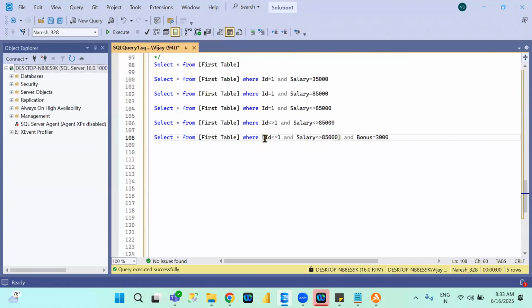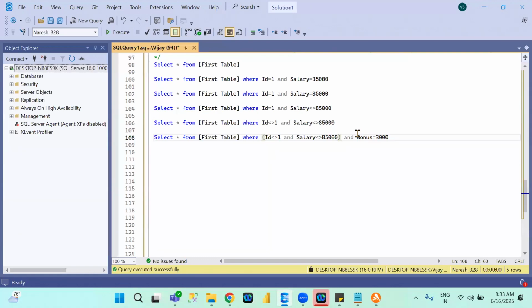First, these two conditions it will check. After that, the outside. Because SQL Server follows BODMAS. You know BODMAS, right? You know BODMAS or not? Brackets, division, multiplication, addition, subtraction. You know this from your education.